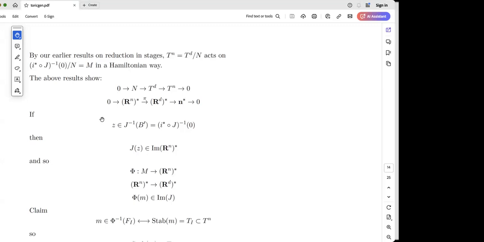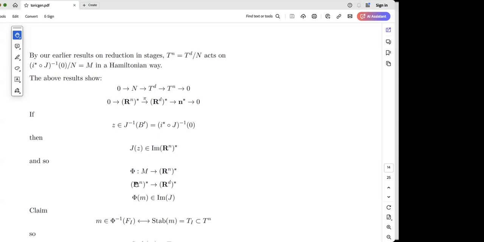So if Z is J inverse of delta prime, which is I star composed with J inverse of 0, then J of Z is in the image of Rn star.